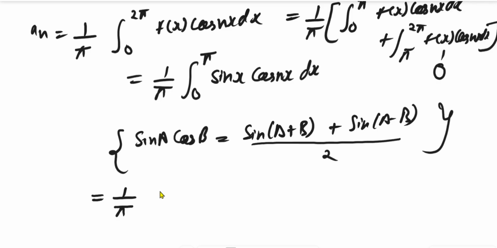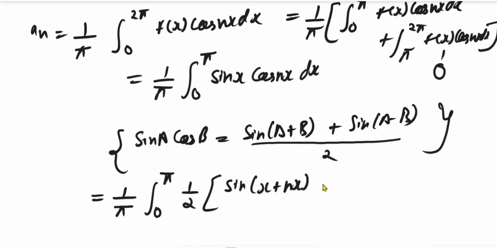It is 1 upon pi integration 0 to pi 1 upon 2 in bracket sin(a plus b), that is x plus nx, plus sin(a minus b), that is x minus nx, with dx. Here it is a and it is b.